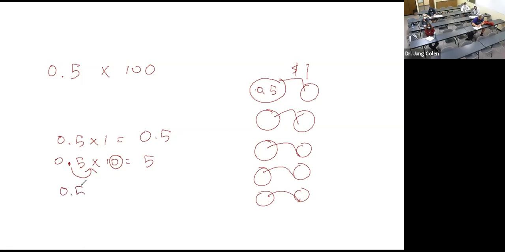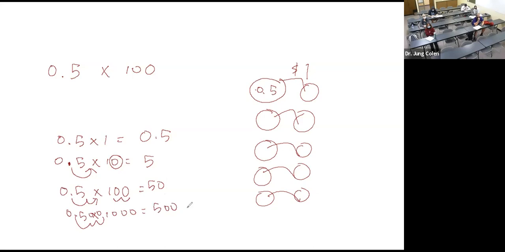What if we multiply that by 100? You're going to move the decimal point by two places. So you get 50. 0.5 times 1,000: 3 decimal places, 1, 2, 3, and 2 zeros, so you get 500.